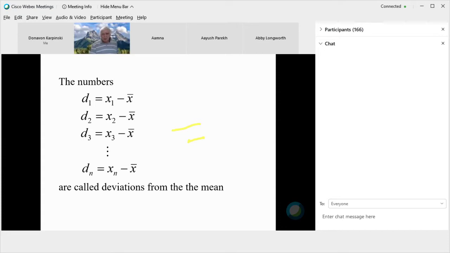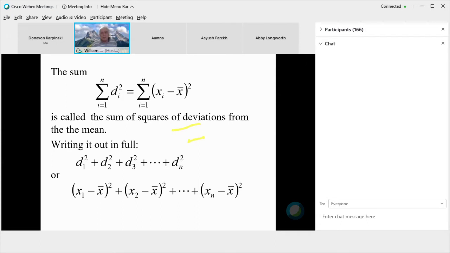These will be negative if the observation is below x bar, and positive if the observation is above x bar. You can easily show that if you add up the deviations from the mean, they add up to 0.